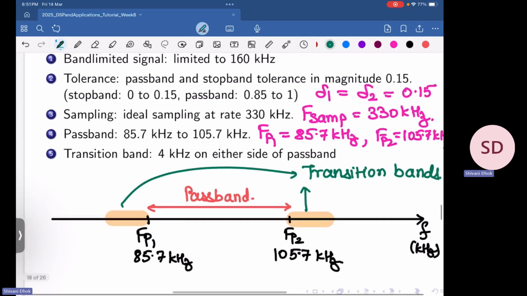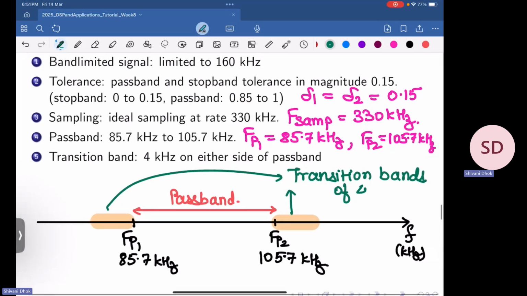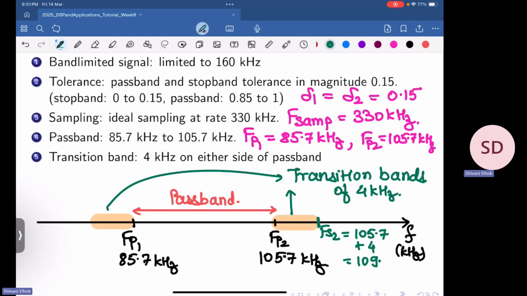So this frequency here is my second stop band edge, which is 105.7 plus 4, that is 109.7 kilohertz.